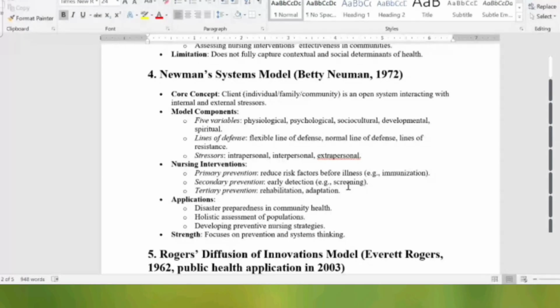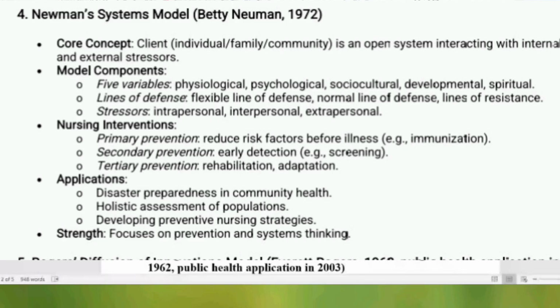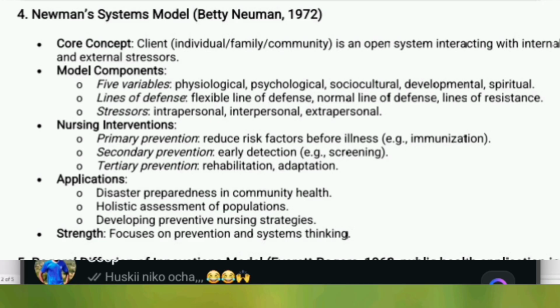Thank you so much, Clinton Omboka. So in the Neumann system model, the core person here is the patient. You know, in nursing we have around five paradigms, but let me narrow it to the individual, the patient. The patient here is the central person that Neumann was talking about.